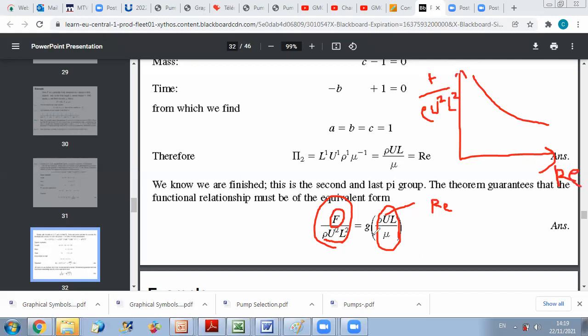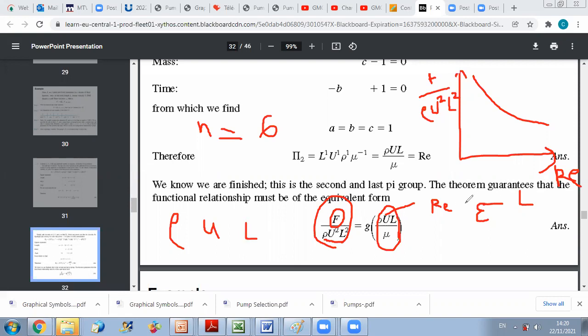Now, in case we had an additional parameter, which is the roughness. If I add the roughness of your object in this problem, then the number of variables n will now be equal to 6, and the dimension of epsilon is L. You will still have j equal to 3 because you have MLT, and you can find 3 independent variables: rho, U, and L, or you can take rho, U, and epsilon if you want.